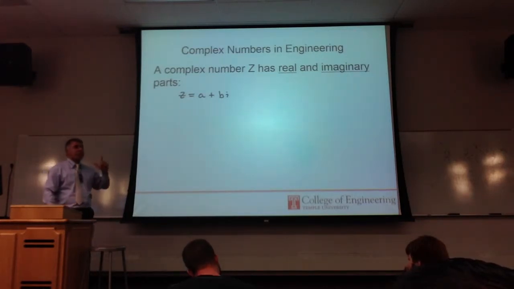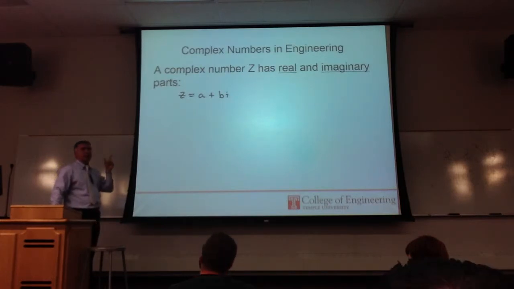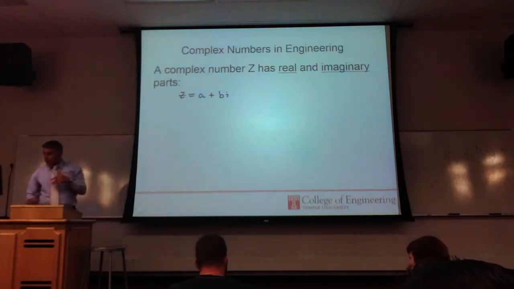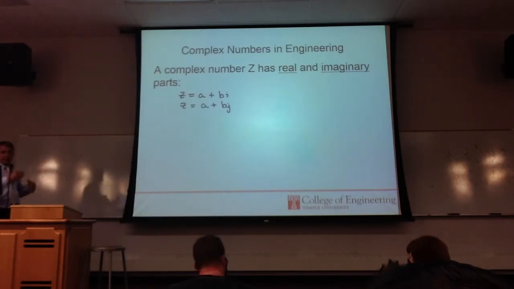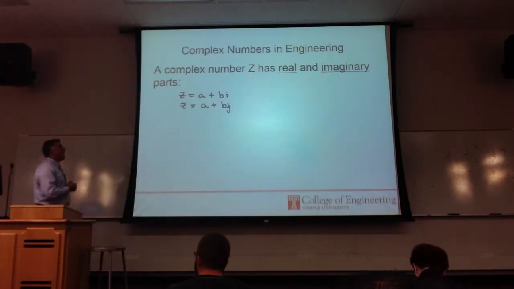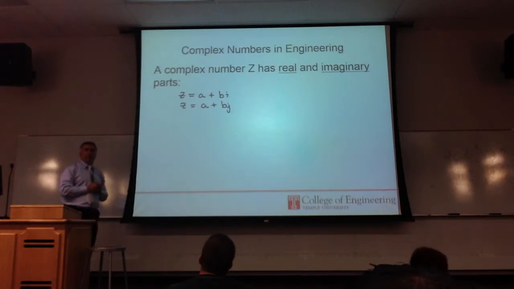And a physical system is much easier described in this format and other formats that I'm going to show you than what we have seen so far. So to simplify it for ourselves, we use it as he said it, A plus BJ.